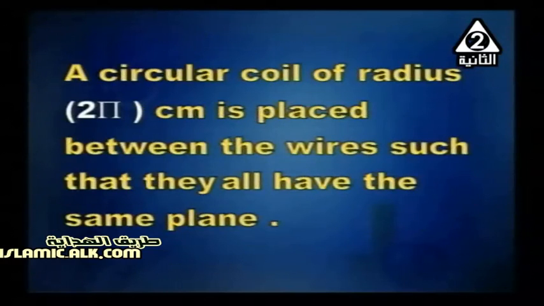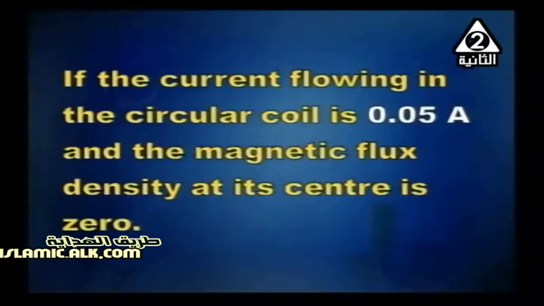A circular coil of radius 2 pi centimeter is placed between the wires such that they all have the same plane. If the current flowing in the circular coil is 0.05 ampere, and magnetic flux density at the center is 0.